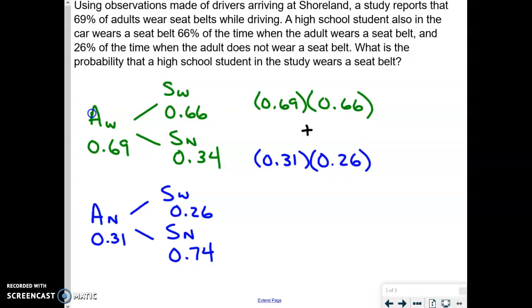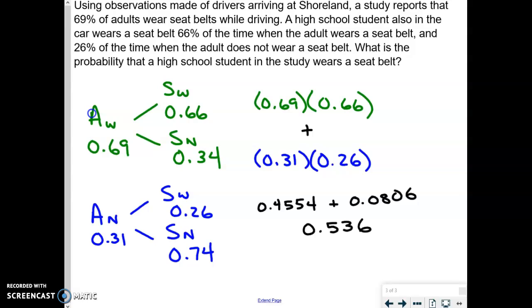So if we do the math on this, in the first scenario, the first one that we had there where students and adults wear them, that would give us about 0.4554 plus our second scenario of adult not but students still wearing it would be 0.0806, which would give us a grand total of 0.536.